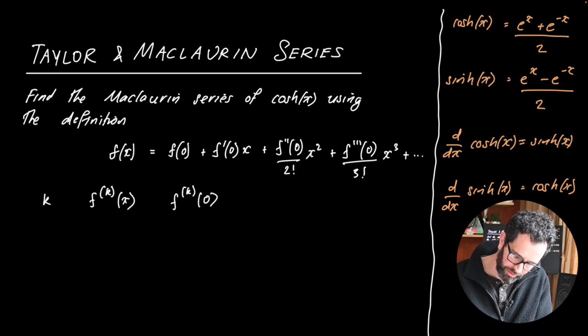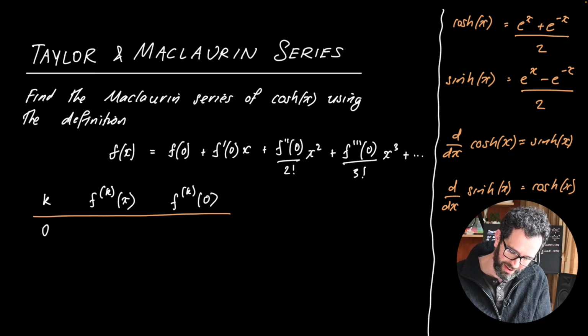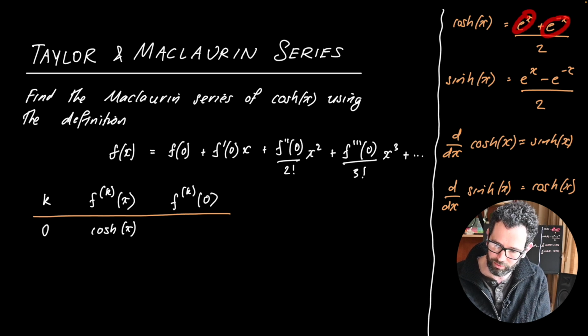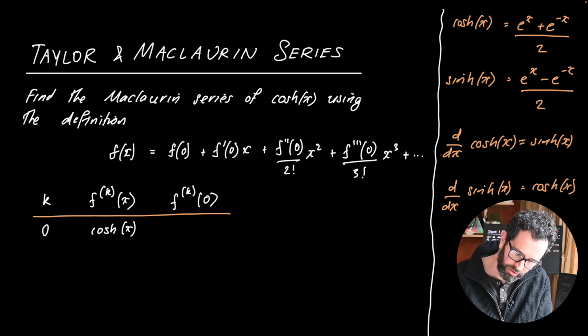So we'll start off with k at 0, that's our first one, the nothing derivative. So f to the k of x is just going to be our function itself, which is cosh of x. And cosh of 0, if we just look at the formula over here, is going to be e to the 0, which is 1, plus another 1, which is 2, divided by 2, which is going to give us a value of 1 here.